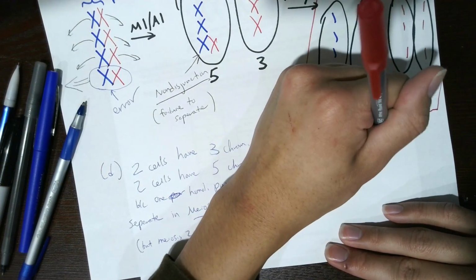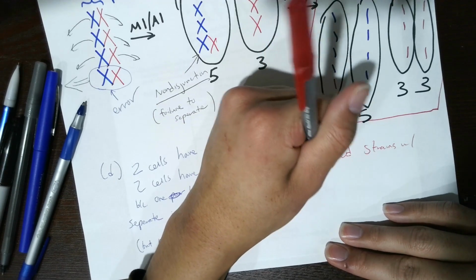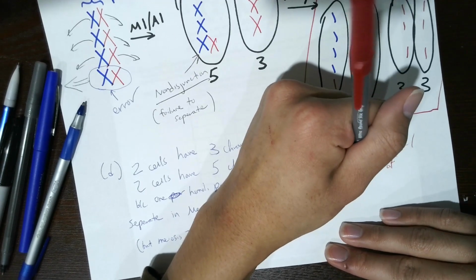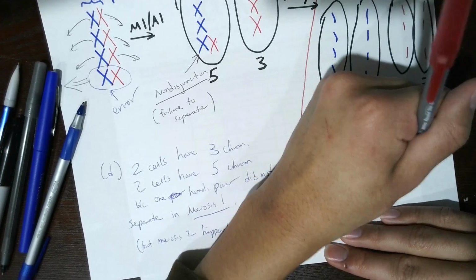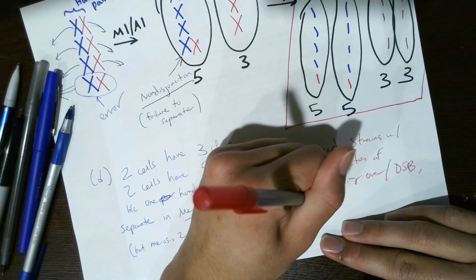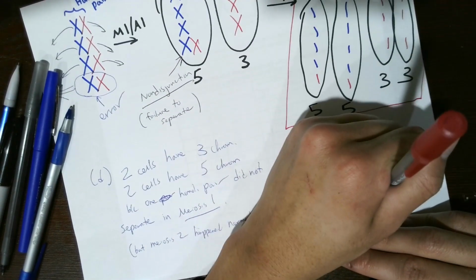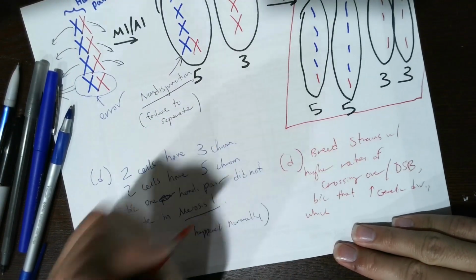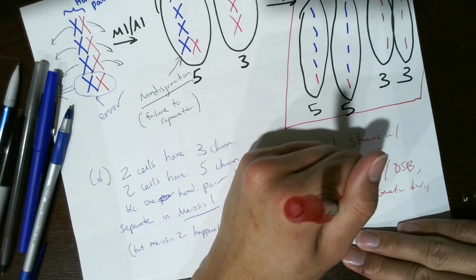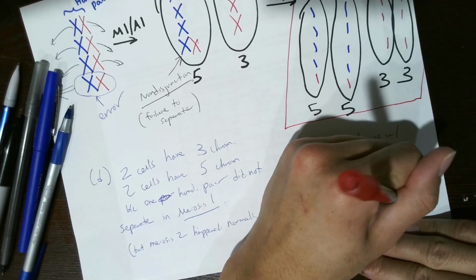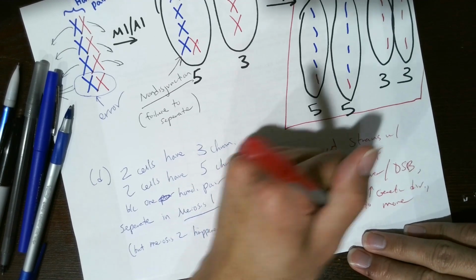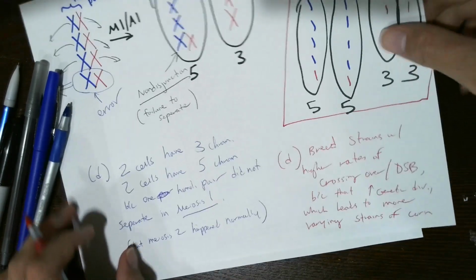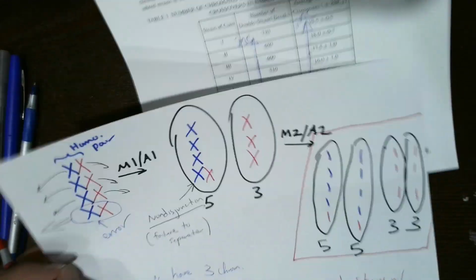Breed strains with higher rates of crossing over or double-stranded breaks, because that will increase genetic diversity, which leads to more varying strains of corn. Alright? Leads to more varying strains of corn.